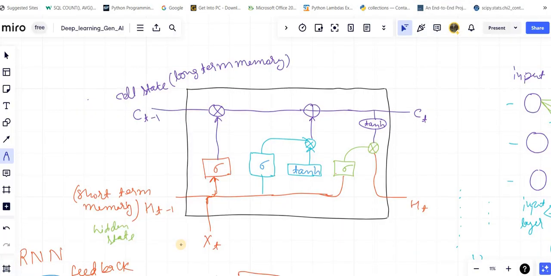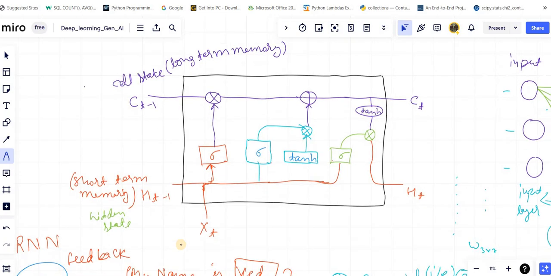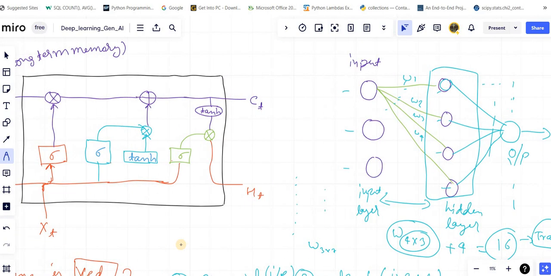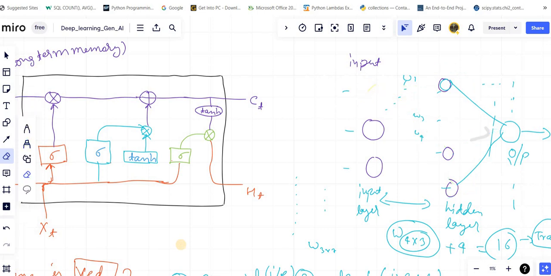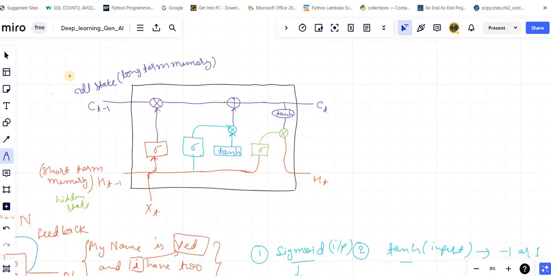Okay. So there are a few assumptions we have to understand. If you can see it here, this LSTM. Let me delete this neural network part from here. Okay.